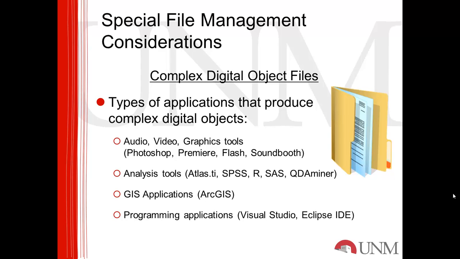And the files tended to be fairly simple and easy to understand. Today, many applications, especially more sophisticated applications that are used in production of content and in research, produce very highly complex digital objects as their output.